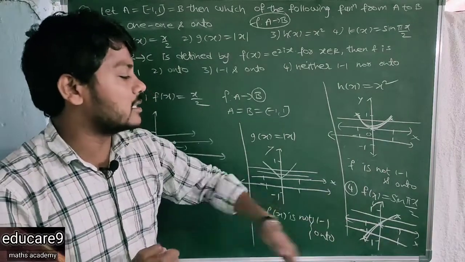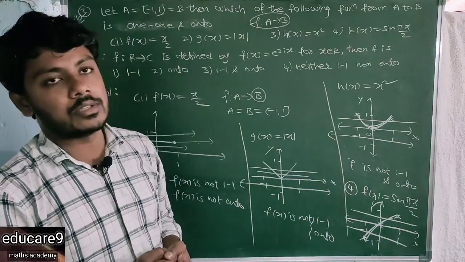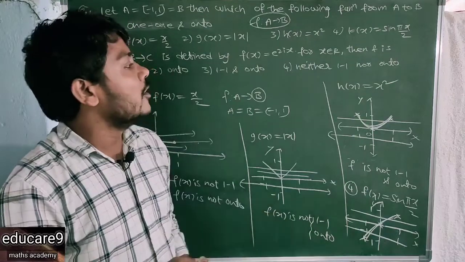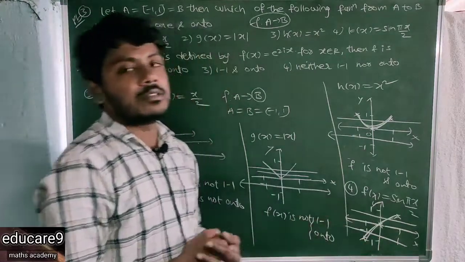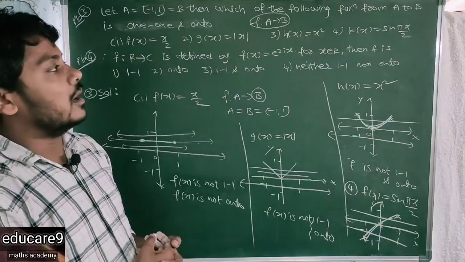So in this case, f is onto also. Therefore, sin pi x by 2 is both 1-1 and onto.